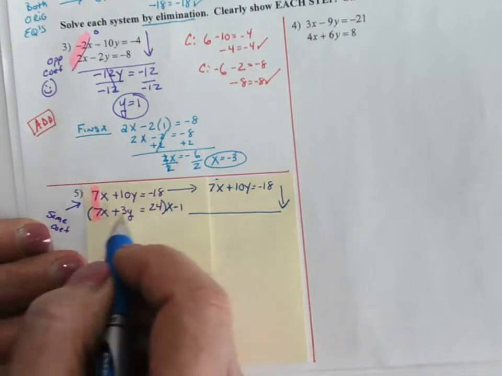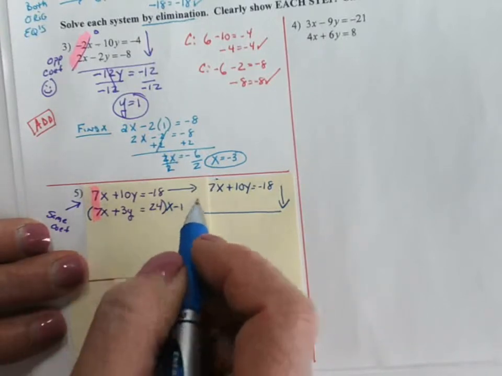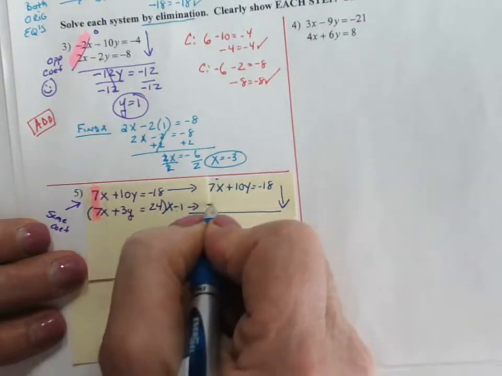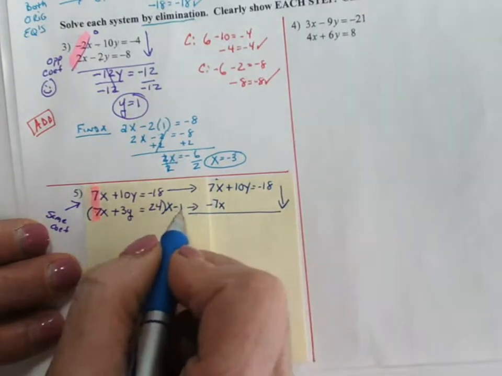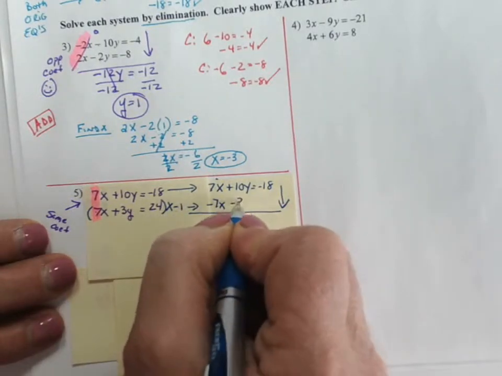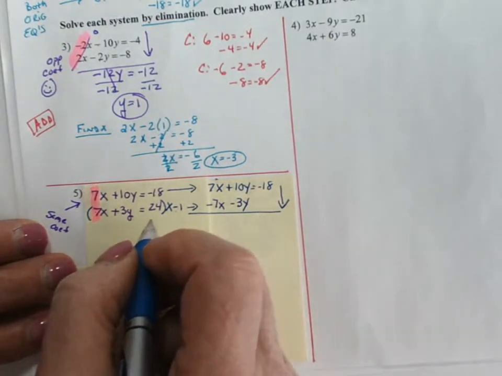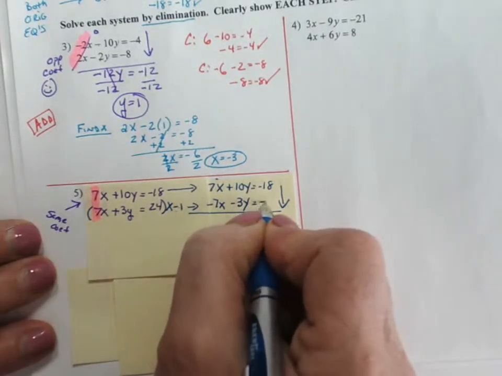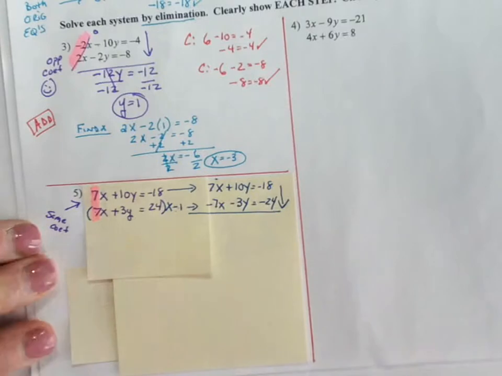Then I multiply the bottom one by negative 1. So 7 times negative 1, I get negative 7x. 3 times negative 1, negative 3y. 24 times negative 1 equals negative 24.